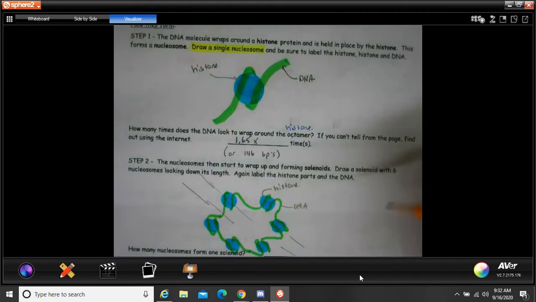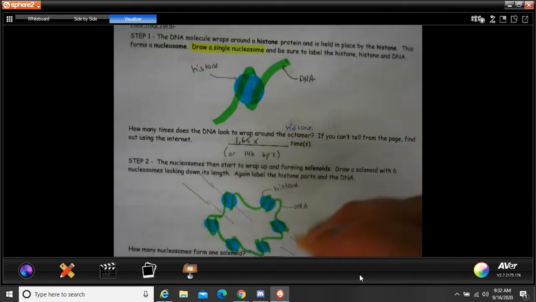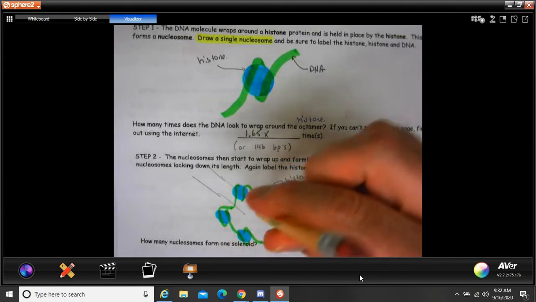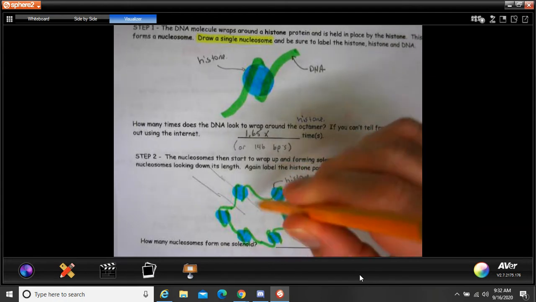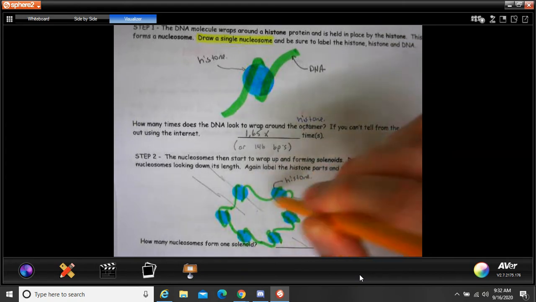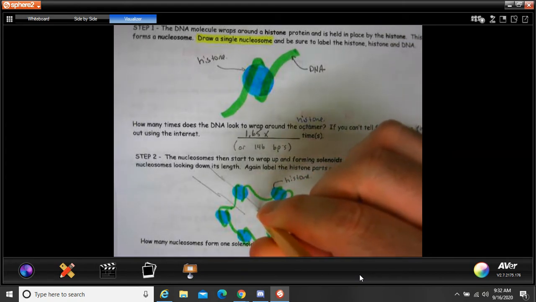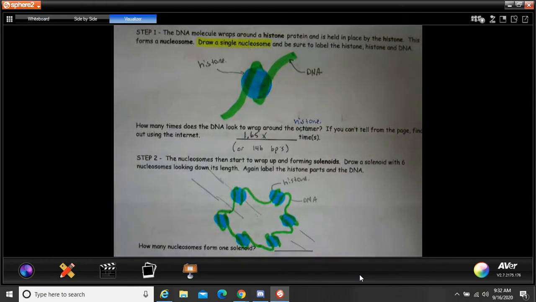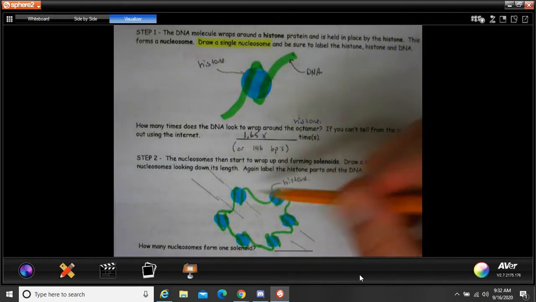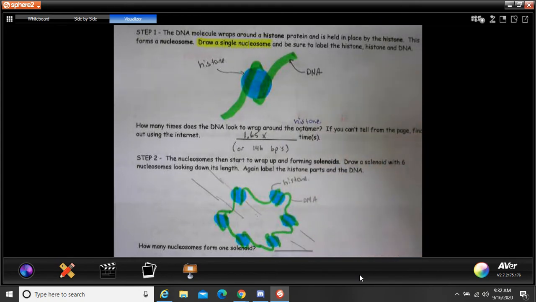Okay, so it can fit through there. I don't know if that's going to show up very well, but you could look down this as a central spot, and this nucleosome could go around my pencil or whatever. So there's this empty axis inside there, an open space: the repeating ring structure of these histones and DNA.